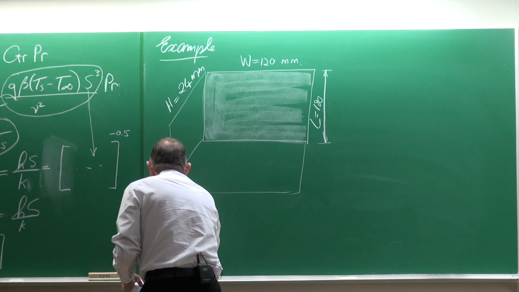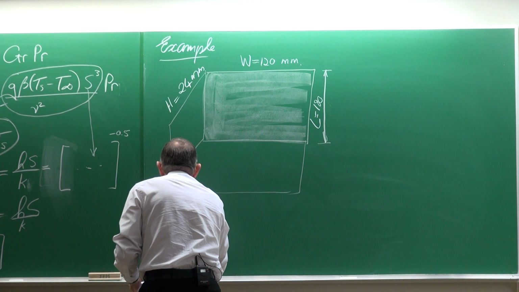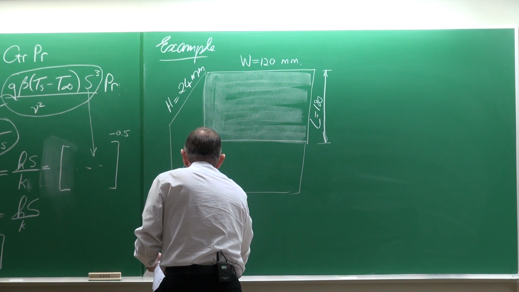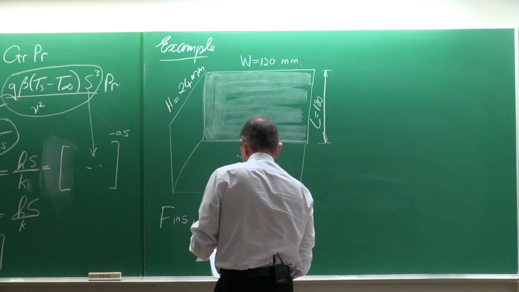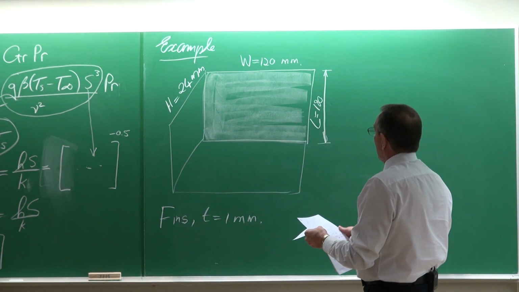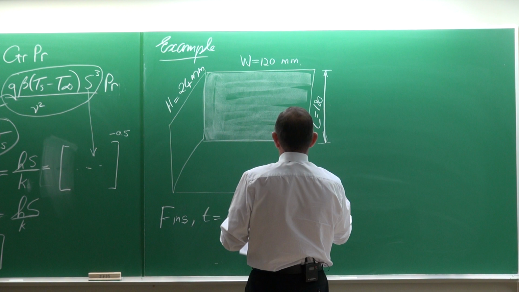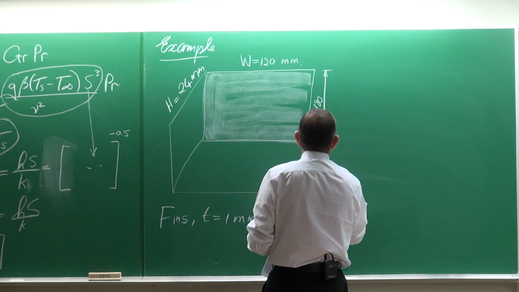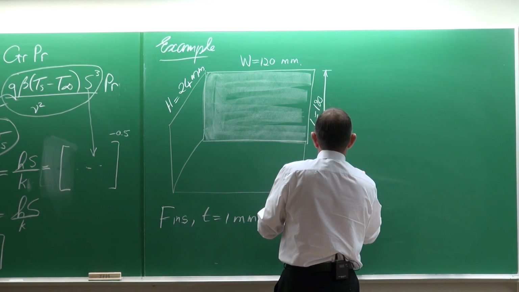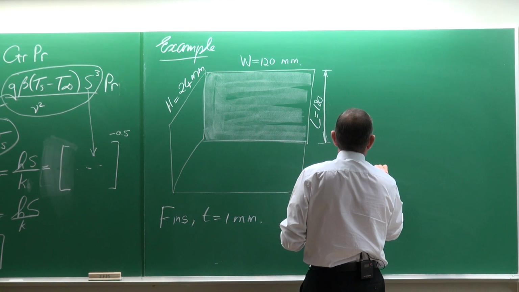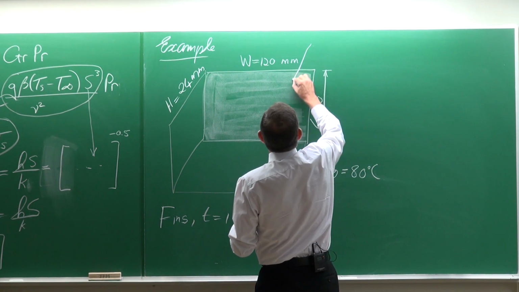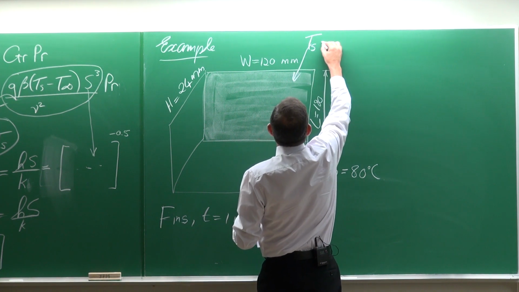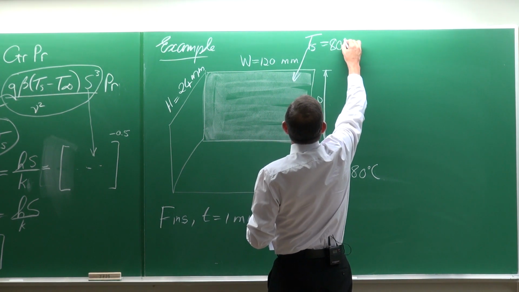So what we're now going to do is put on fins, and the fin thickness is going to be 1 millimeter, and the environment temperature, T of the environment, is equal to 80 degrees Celsius, and the surface temperature is equal to 80 degrees Celsius.